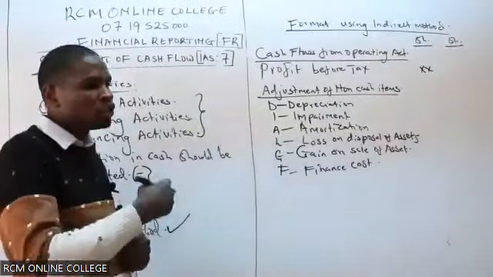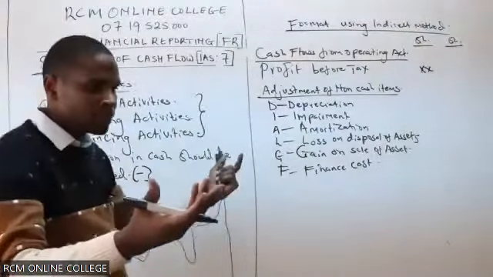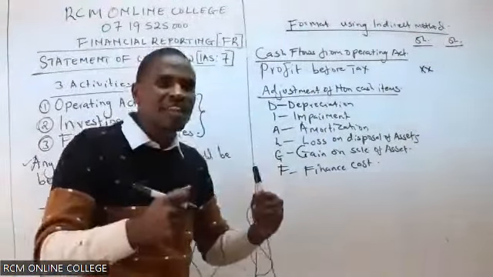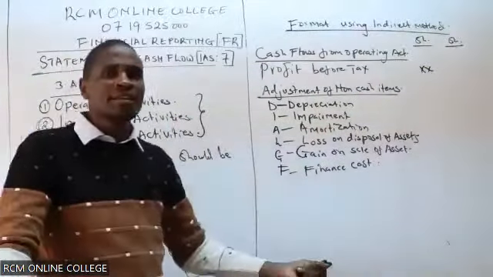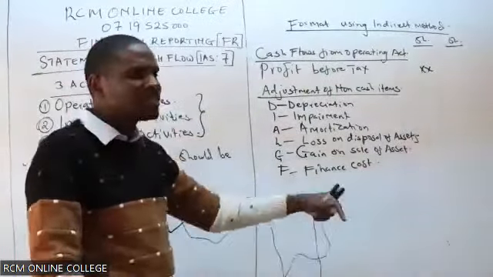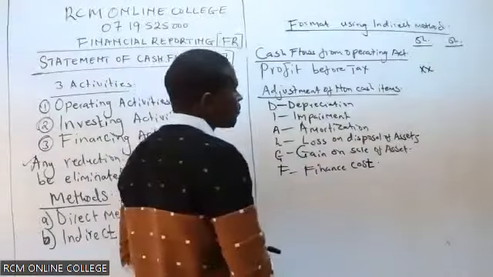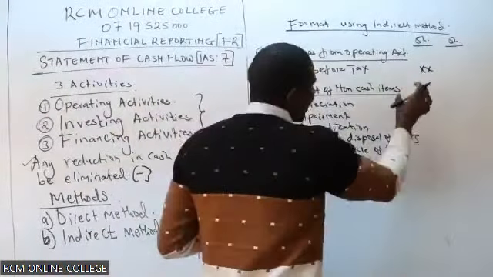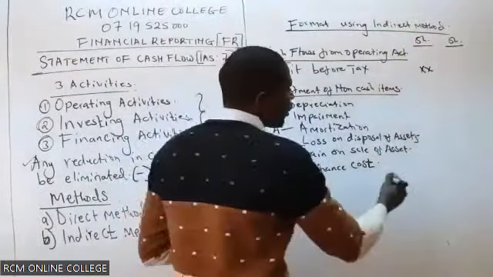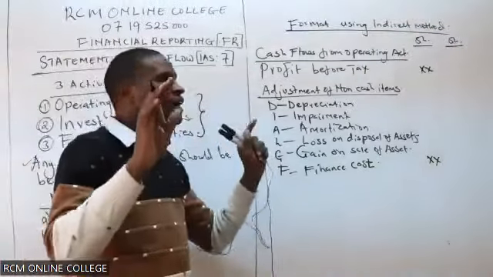We are accountants. Masi tells us confidently that we subtract. That is a fact. This is a cost, an expense. Therefore, that one we subtract. So when it comes to the adjustment of this, we are going to add it back.